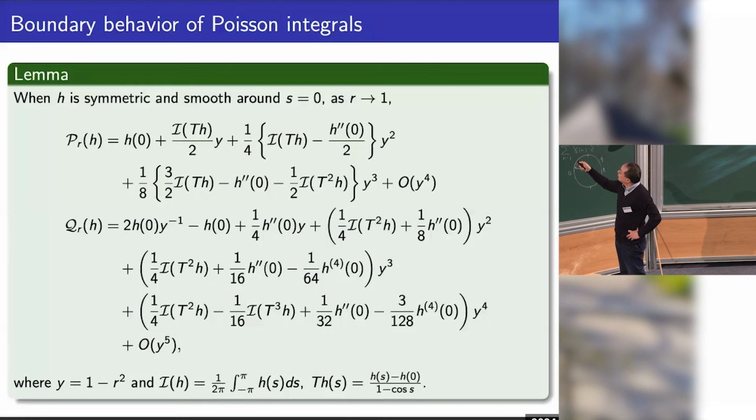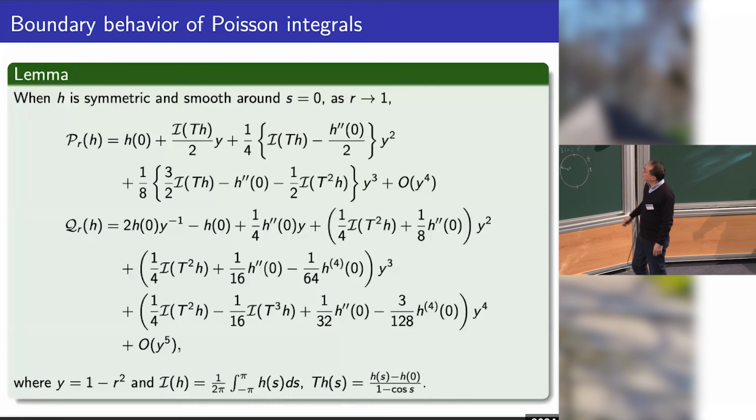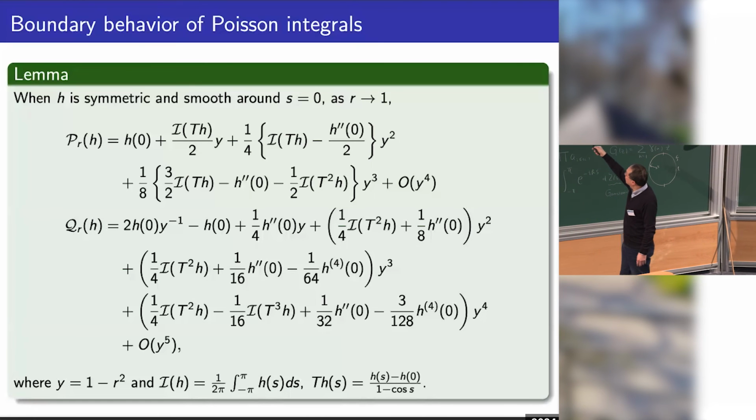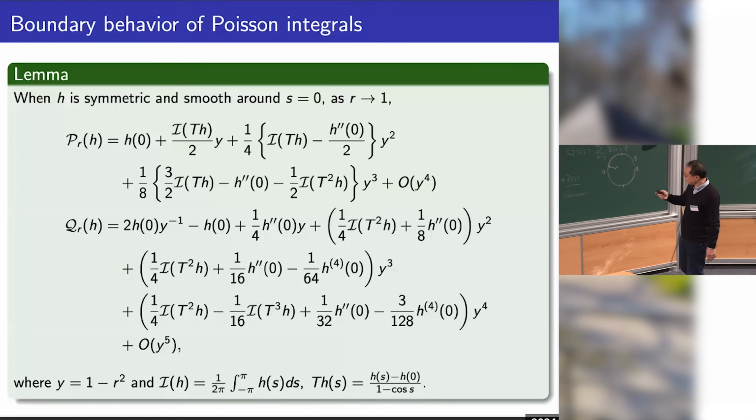Here, in the second term, I is the integral operator, just the integral over minus pi to pi. So here is a local quantity, but here is a global quantity of the spectral density. And for the second Poisson type integral, this appears.